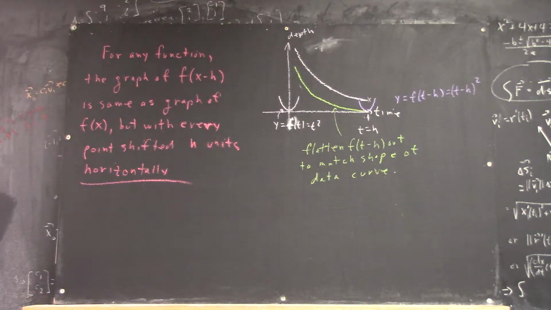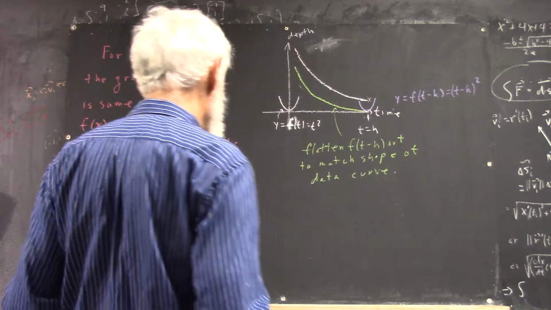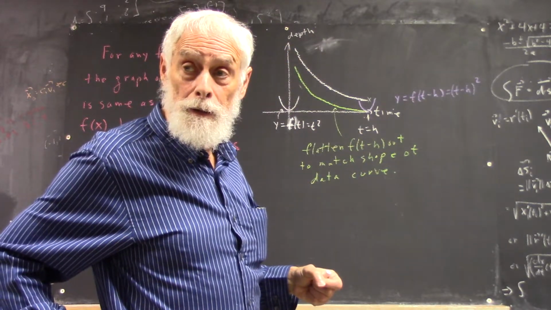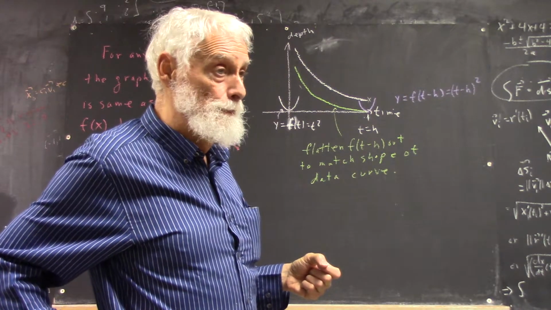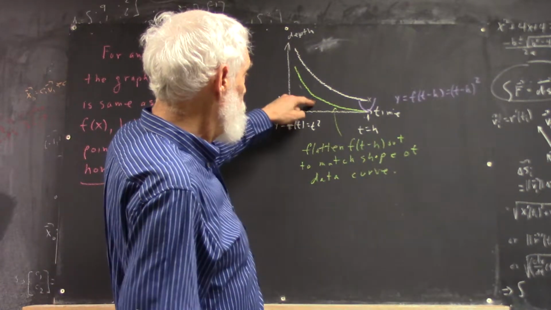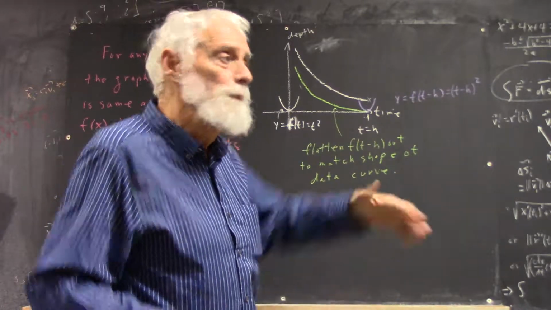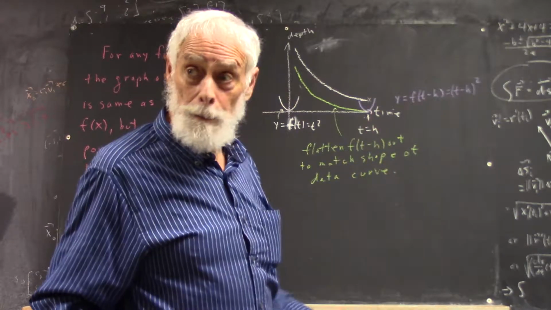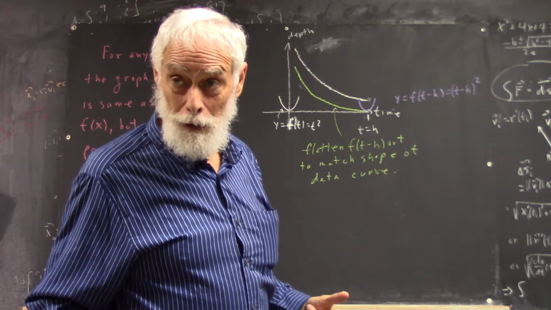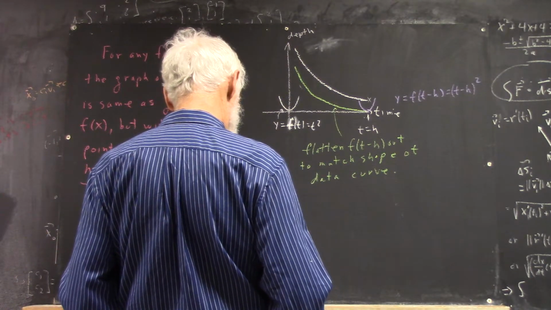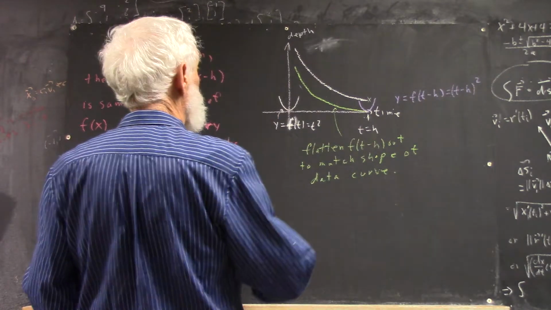Turns out to be real easy to do that. Okay? Then it still doesn't match this curve. What do we have to do to make it match the curve? I mean, what's different between this curve and this curve? They have the same shape, right? Let's shift it vertically. You've got to raise it up a little bit, right? Okay? So let's see. I don't know what happened to my yellow chalk, but I've got enough to draw a curve.